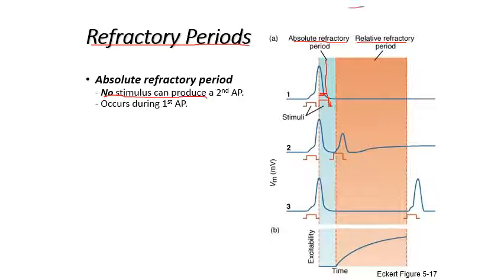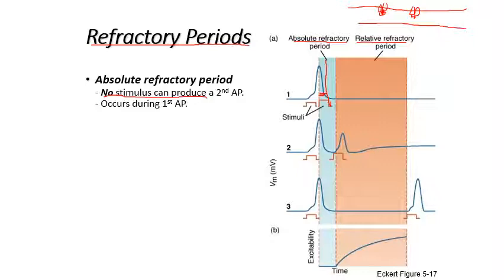Say we're recording at one stretch of the membrane for the action potential. If you remember our voltage gated sodium channels, when this channel is open, this one is inactive, the inactivation gate is in.